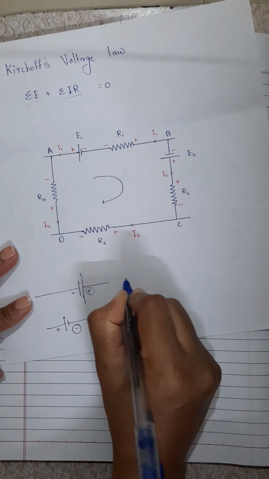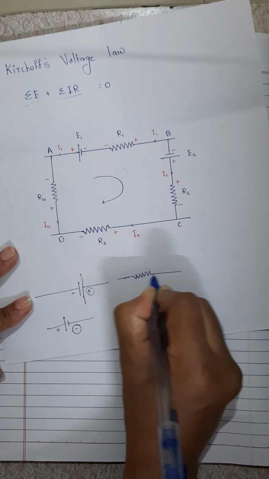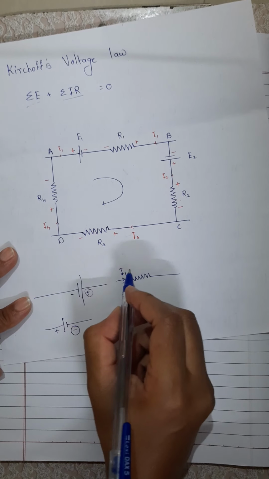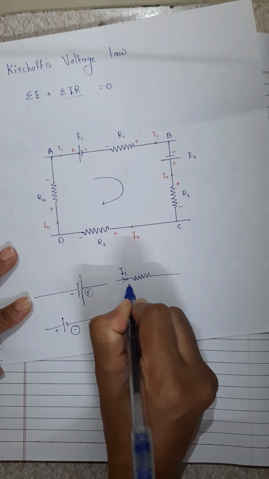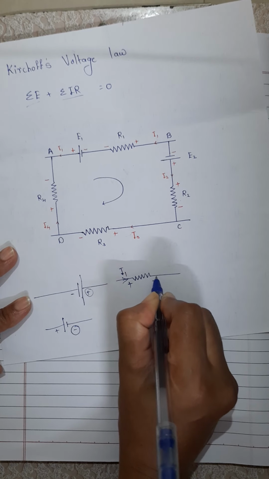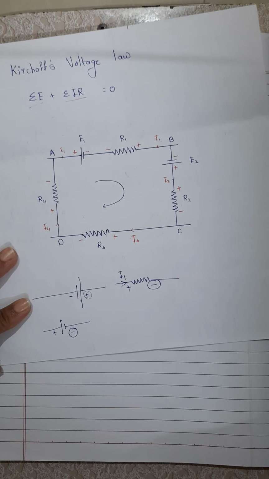In case of a resistor and the current direction, we know that the current always flows from positive to negative. Therefore, we consider it as fall in potential.